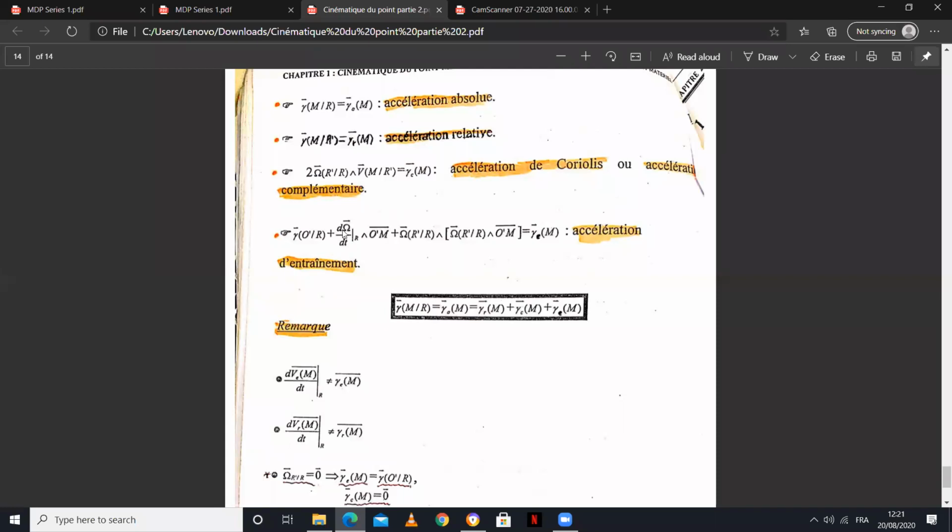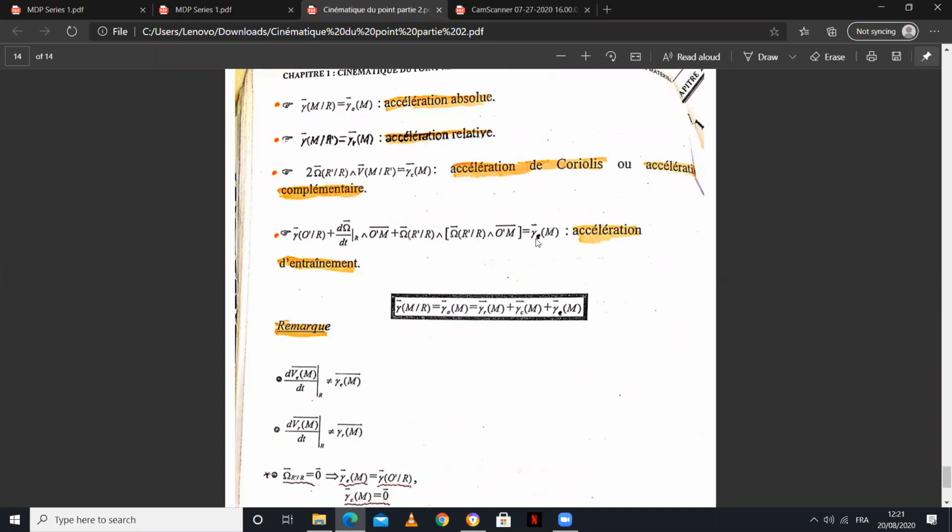Then next up, it's plus the dérivée of omega par rapport au temps vectoriel O'M. In the question that we have, this is going to be M0M plus double produit vectoriel there. Okay, we have omega de R' par rapport à R vectoriel, omega de R' par rapport à R vectoriel O'M.